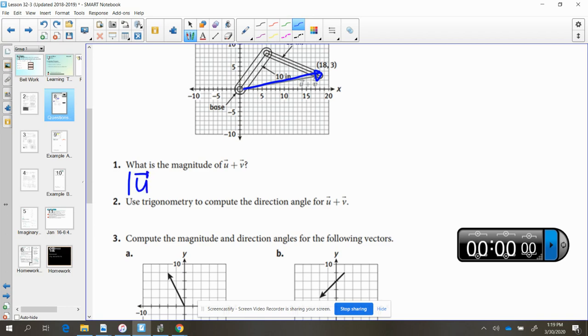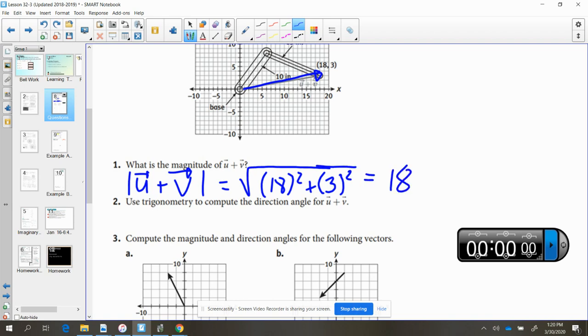So to get that magnitude of u plus v, which is represented with our absolute value bars, you take the square root of a squared plus b squared, and in this case, you're going to get approximately 18.2 as your final answer for the magnitude.